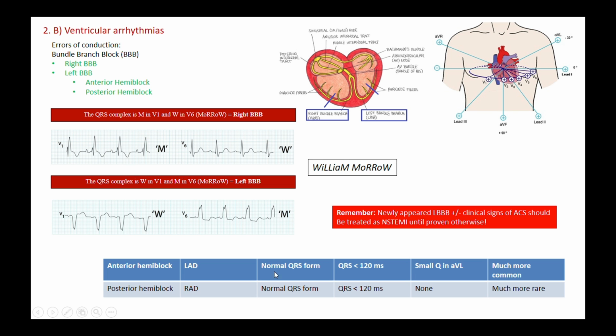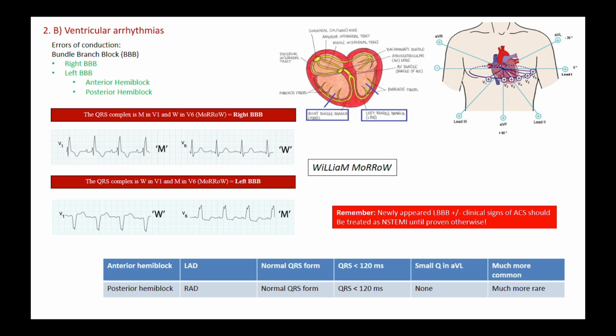Now, just so you know, anterior hemiblocks are much more common than posterior hemiblocks. And the way to try and determine it is if you have a left axis deviation without any obvious other causes, like say left ventricular hypertrophy or increased abdominal mass, like an overweight patient where the diaphragm is pushed upwards and likewise the heart is also pushed up to the left.